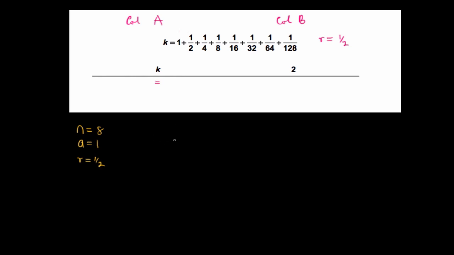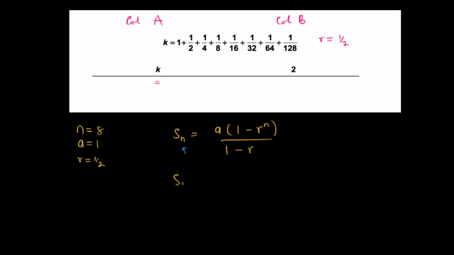Now you'd recall from your undergraduate that the sum of n terms of a geometric series is given by the formula S_n equals a into 1 minus r to the power n, divided by 1 minus r. So what we want to do is sum the 8 terms. So in place of n, I'm going to write 8.